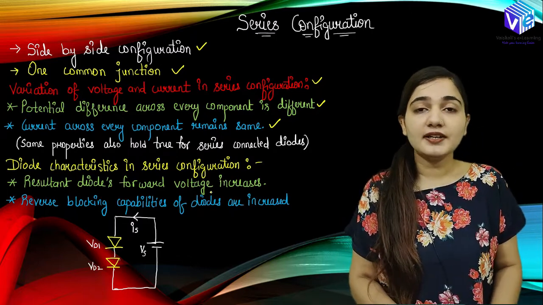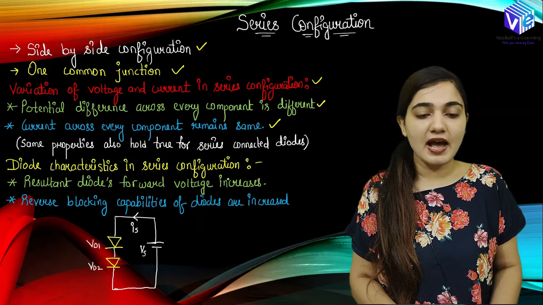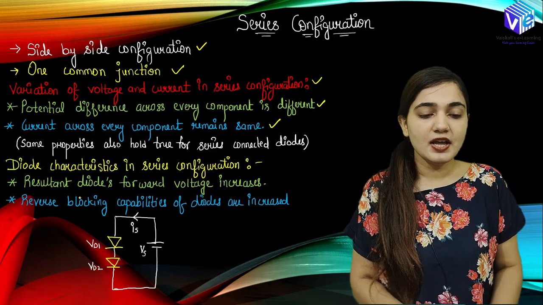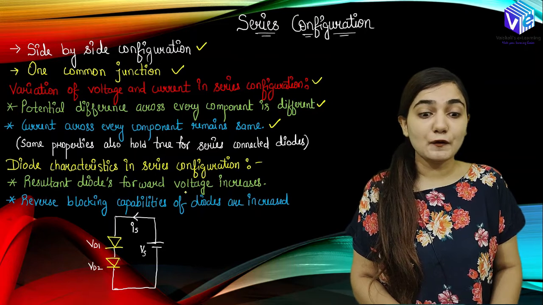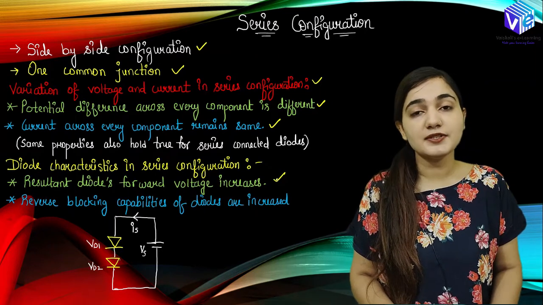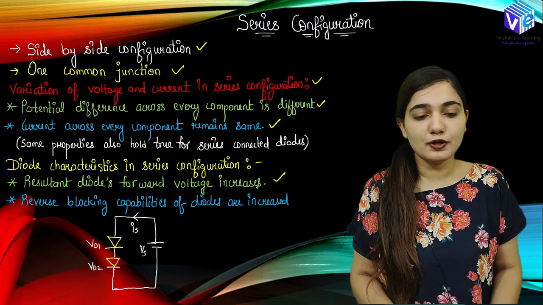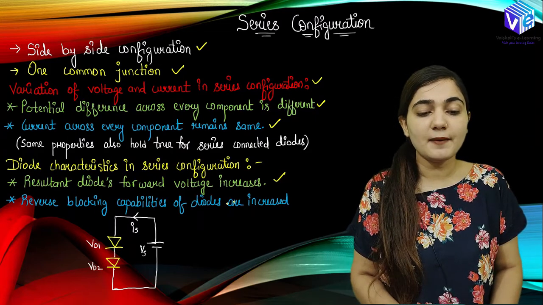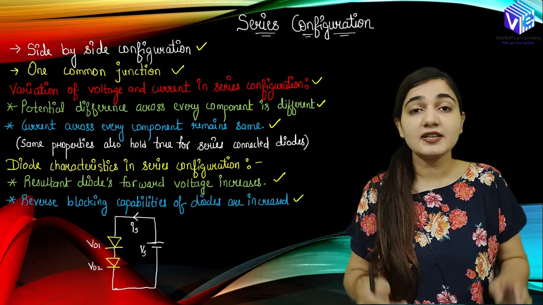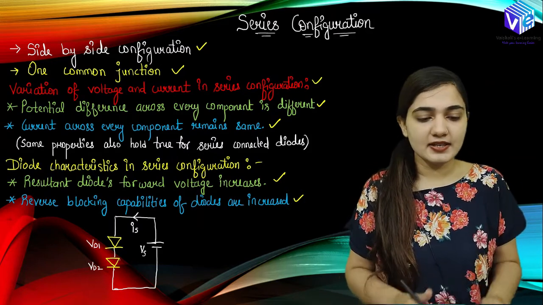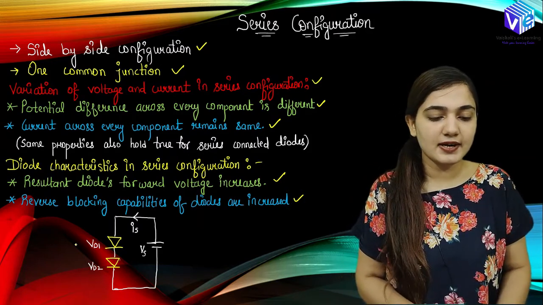This is a property of the series connection that we all know. Now what is the diode characteristic when we have the series configuration? The resultant diode's forward voltage becomes high. We will be operating at a higher forward voltage and the reverse blocking capability of the diode will increase when they are in series connection. You can see here we have a circuit.